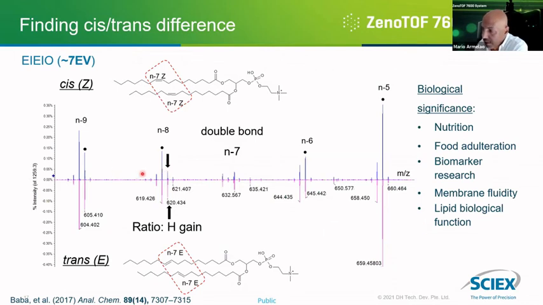Specifically, the methyl terminal side of the carbon chain, the radical fragment, and the hydrogen loss non-radical fragment have different intensities between cis and trans conformation. Again, well published, Takashi used two different conformations to prove that we could differentiate both cis and trans.